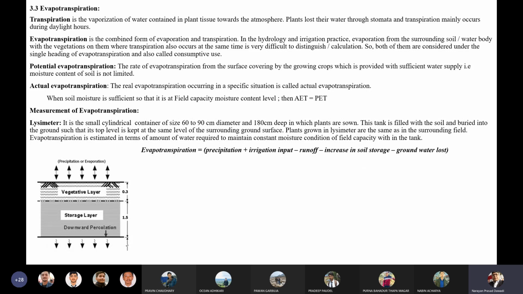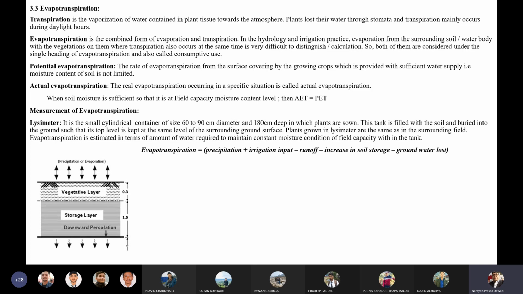Evapotranspiration is estimated in terms of the amount of water required to maintain the constant moisture content condition of field capacity within the tank. Regular application of water is provided to the lysimeter where the crop is sown, so that there is no moisture content deficiency.